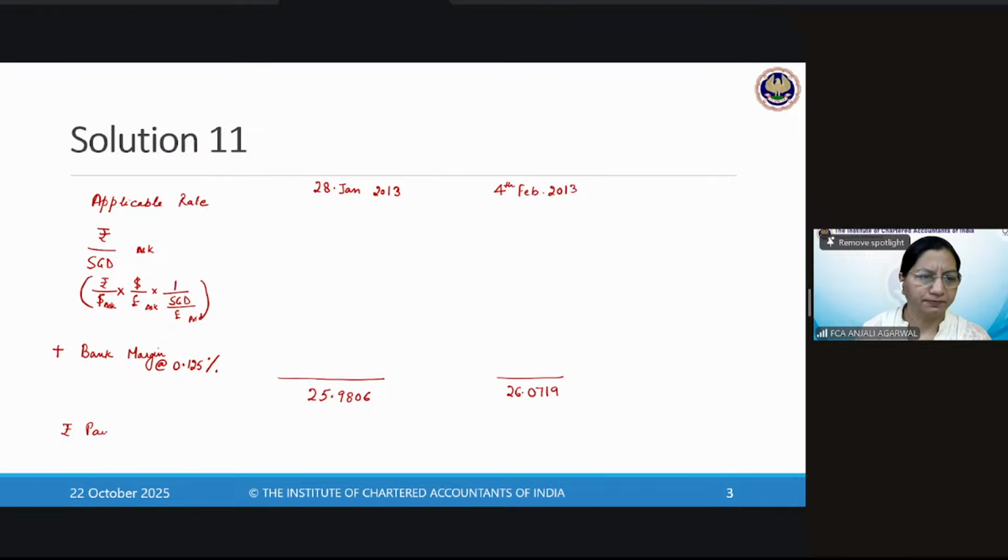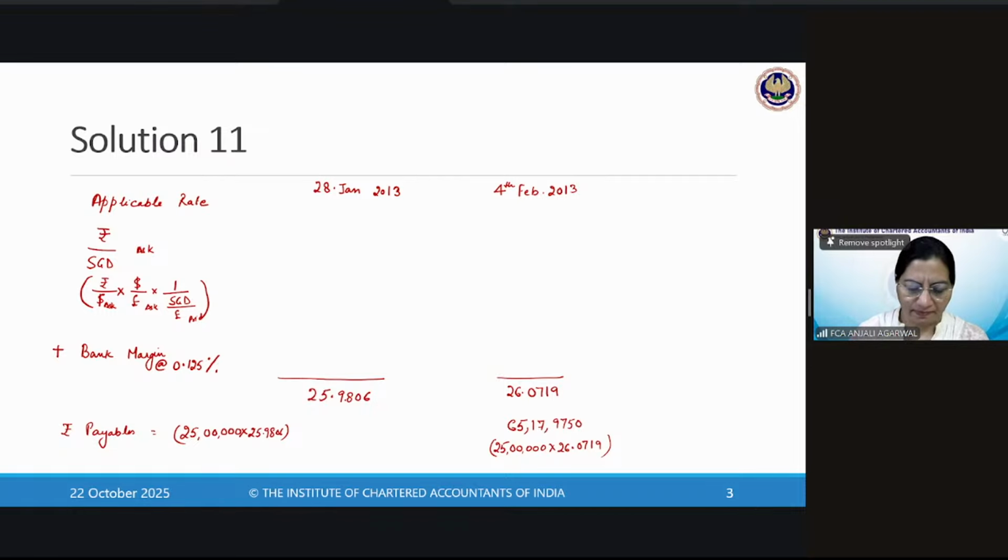Rupee payable: 25 lakh or 2.5 million multiplied by 26.0719, which comes to 6 crore 51 lakh 79,750.